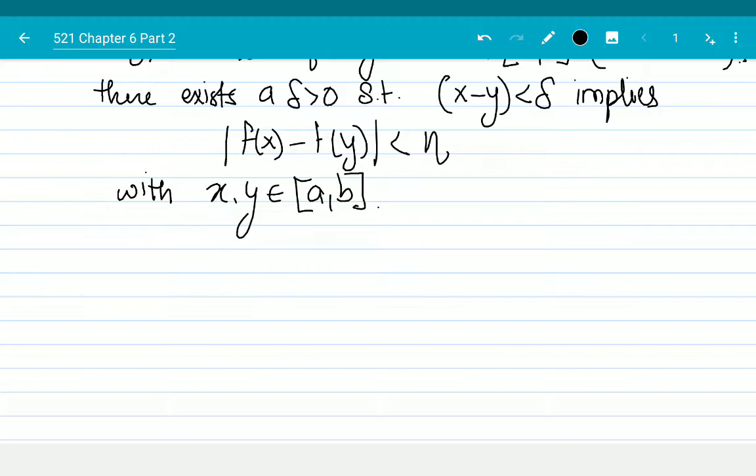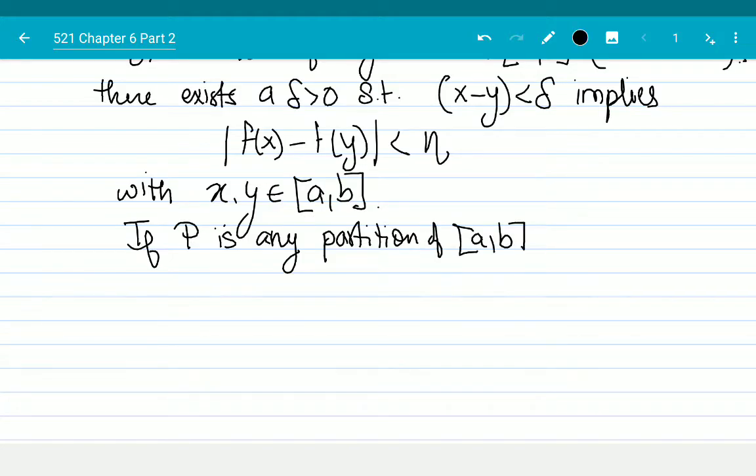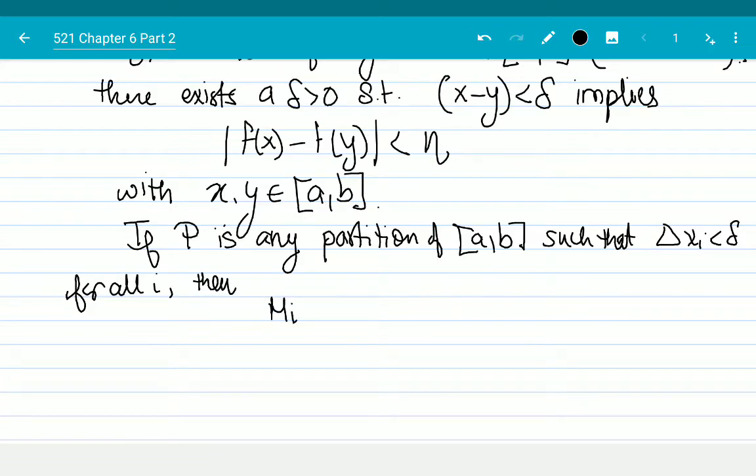If P is any partition of ab such that delta xi is smaller than delta for all i, then I have Mi minus small mi is smaller than or equal to |f(x) minus f(y)|, which is smaller than or equal to eta here.